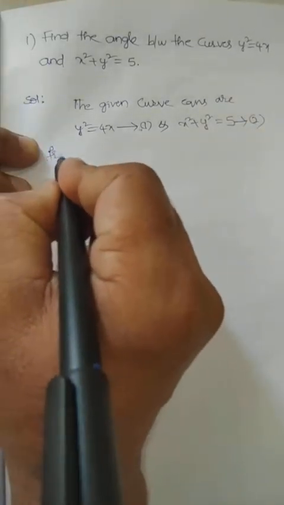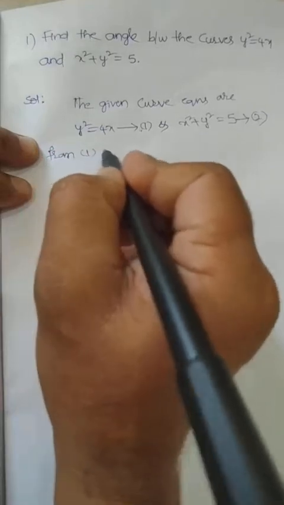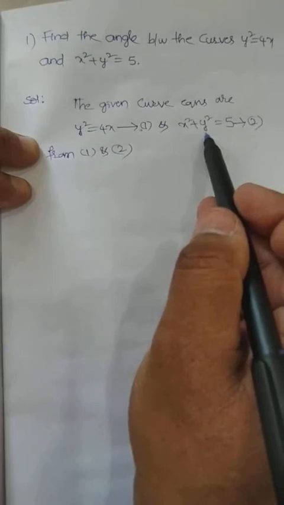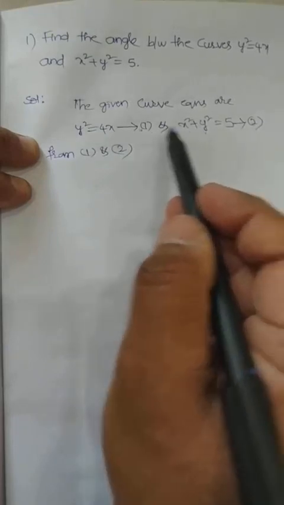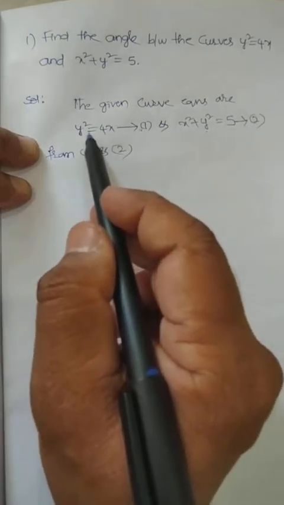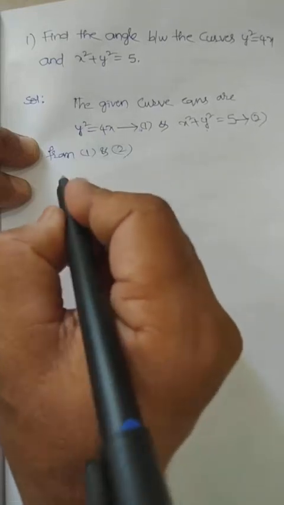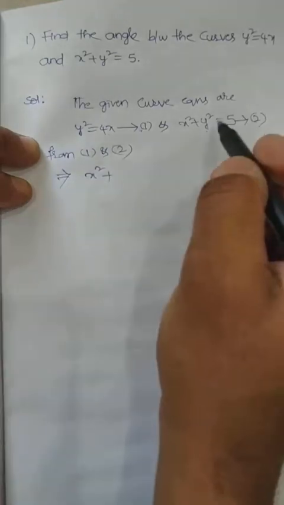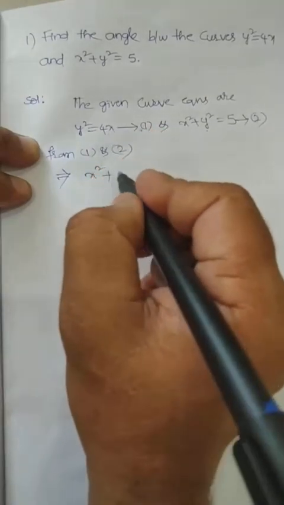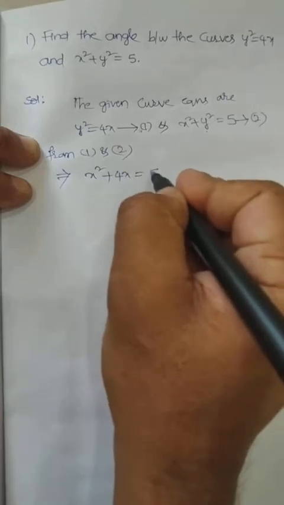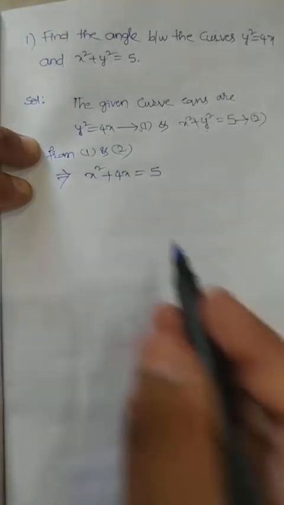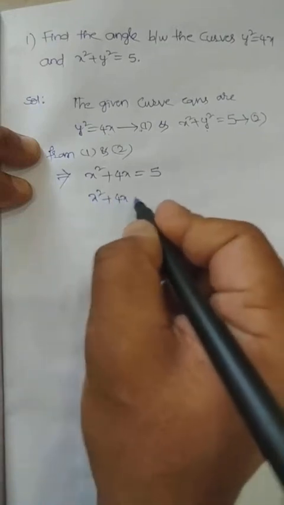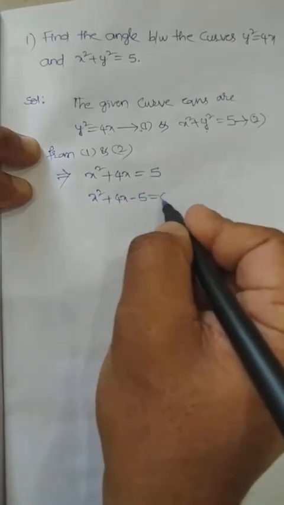From 1 and 2, in place of y square in equation number 2, I can substitute the value from equation number 1. What is y square? 4x. That implies x square, in place of y square, I substitute 4x, is equal to 5. So it is x square plus 4x minus 5 is equal to 0.